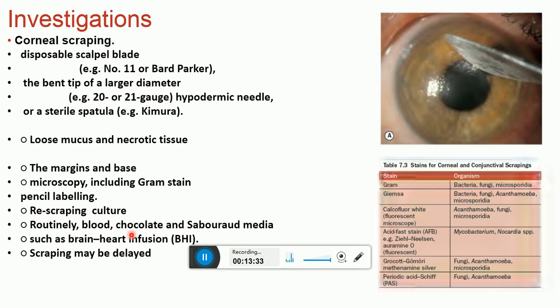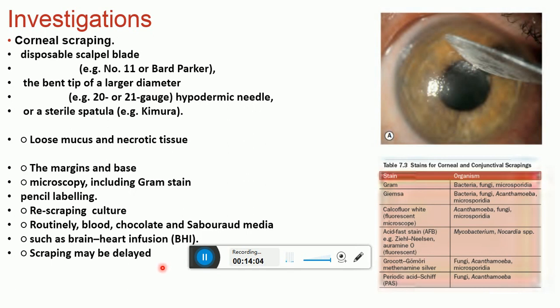A blade or needle can be placed directly into the bottled media, such as brain heart infusion. There is evidence that a single scrape sent in brain heart infusion to the laboratory, where it is homogenized and plated, provides similar results to the traditional multi-scrape method.